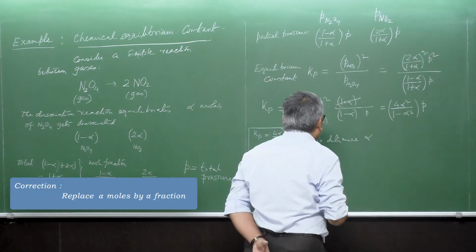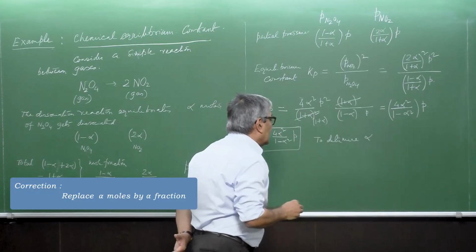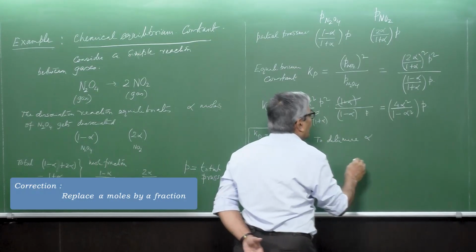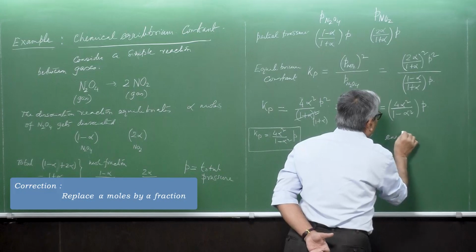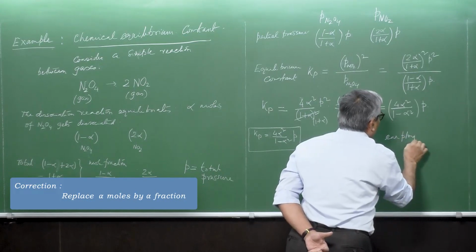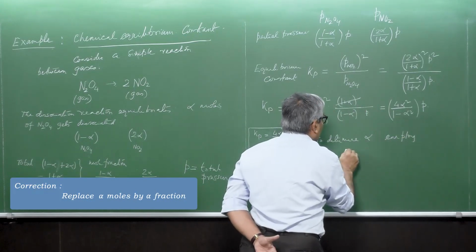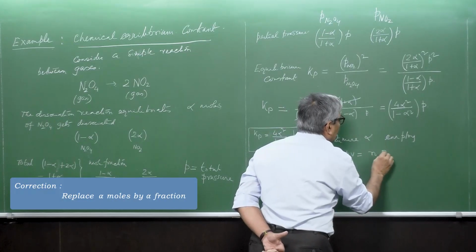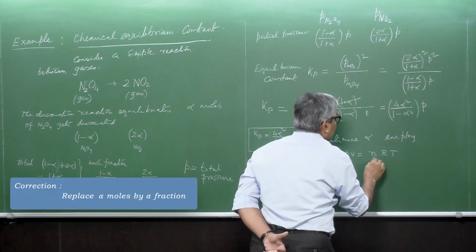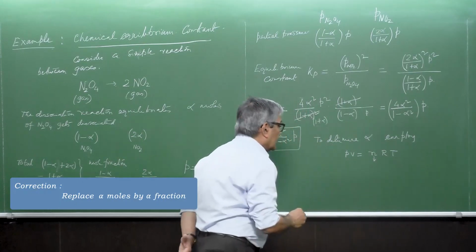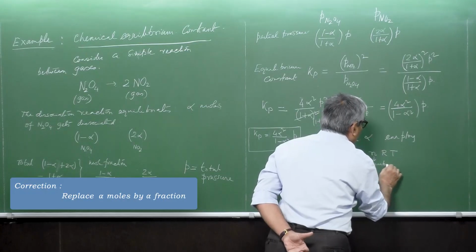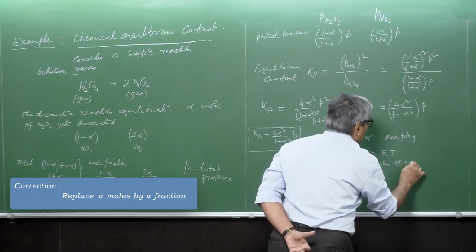We employ PV equal to nRT, where n is the number of moles.